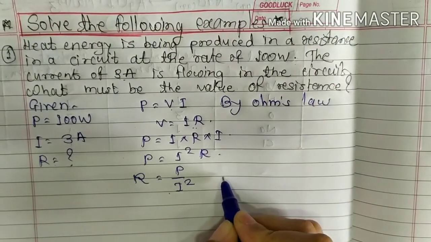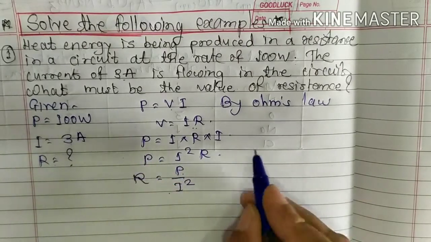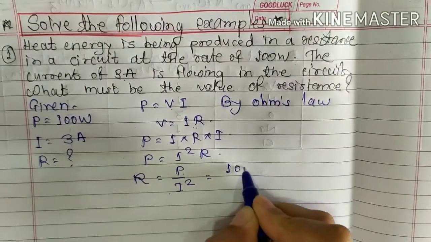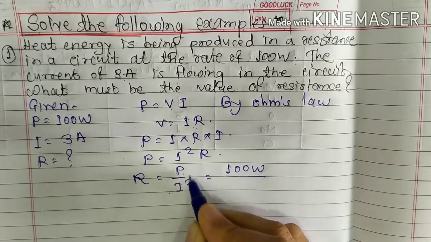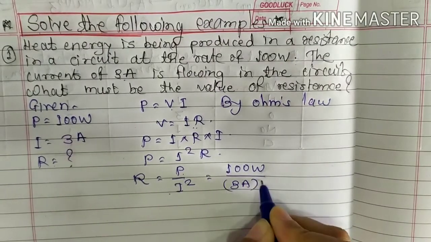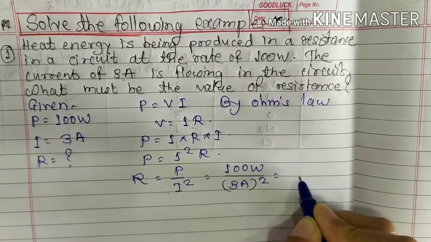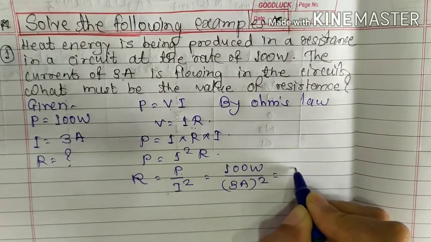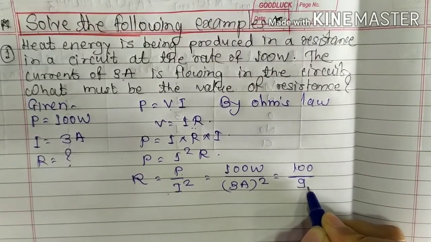Let's fill the values in this formula. P is equal to 100 watt. I square, I is equal to 3 A square, is equal to 100 divided by 9.